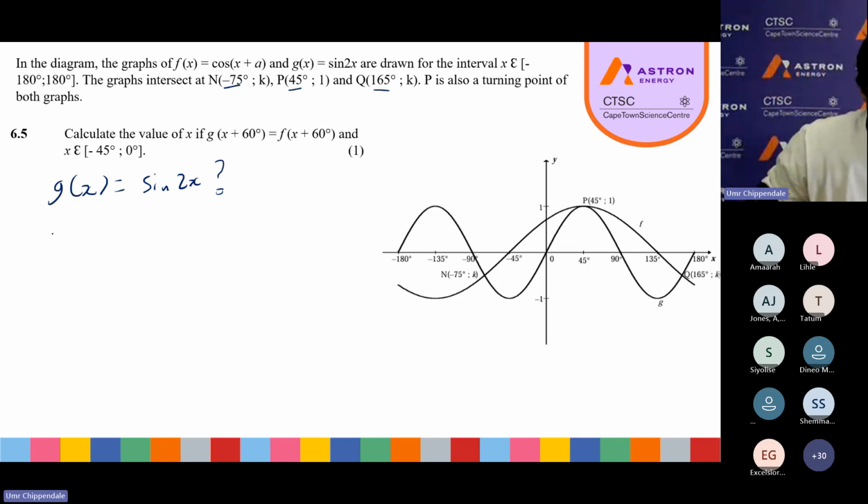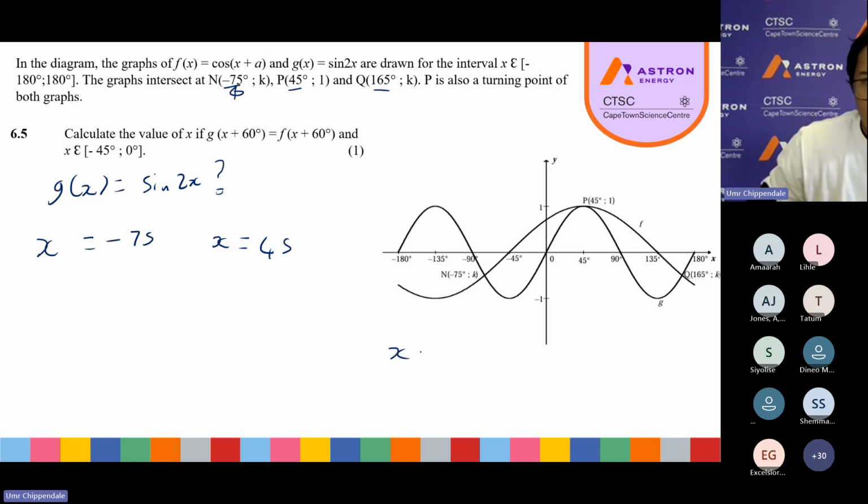Initially we have x is equal to negative 75, which is this one over here. We have a value where x is equal to 45, and one down here, x is equal to 165. This is going to be shifted 60 degrees, because the f of x is the exact same. We just made it equal to 0.